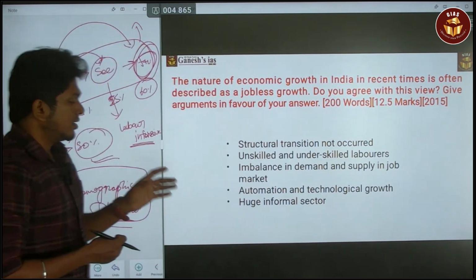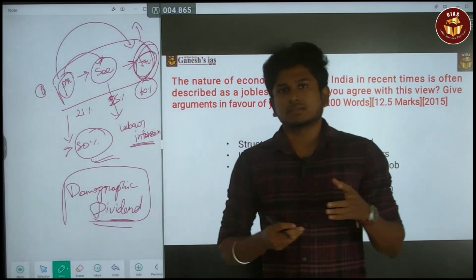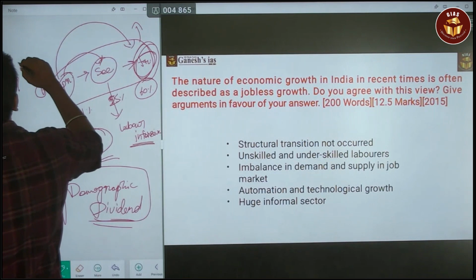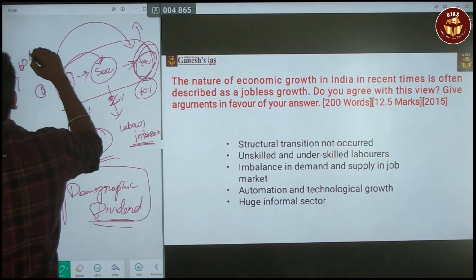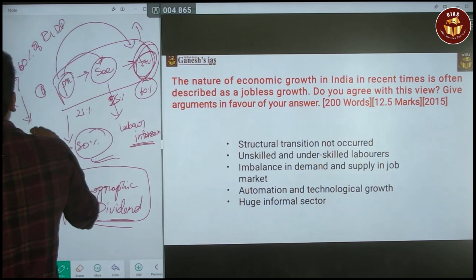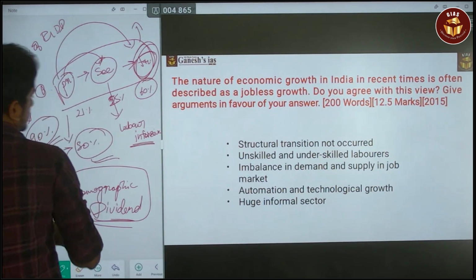Next, and the most important thing, is the informal sector. Please note the point. Around 60% of GDP is from this informal sector, and it contains around 90% of India's population.